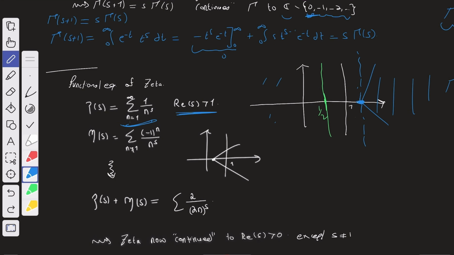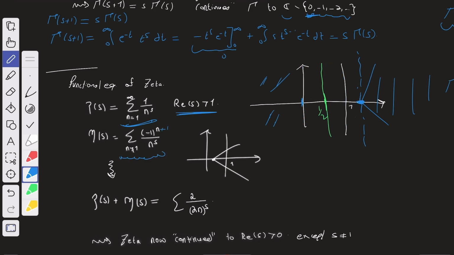But before we attempt to prove that it can be continued to the whole complex plane except at 1, let us try to prove that it can be continued to this strip. Let's see if we can define it over here.